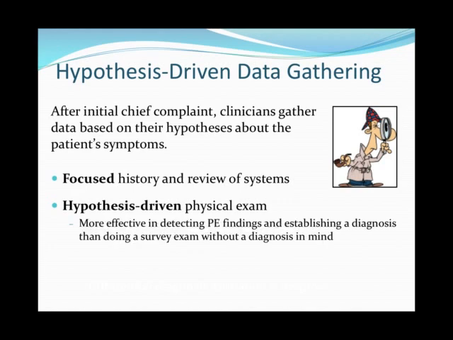And really, when we have a hypothesis in our mind, and then we do a physical exam based on that, it's more effective because we're going to be focusing on the specific areas that might be involved, rather than just doing a complete physical exam on someone that goes over all the cranial nerves and all the extremities and thyroid exam and heart and lungs and everything.